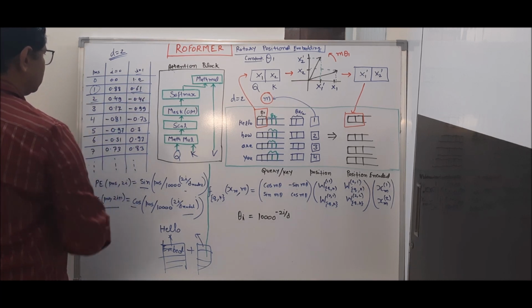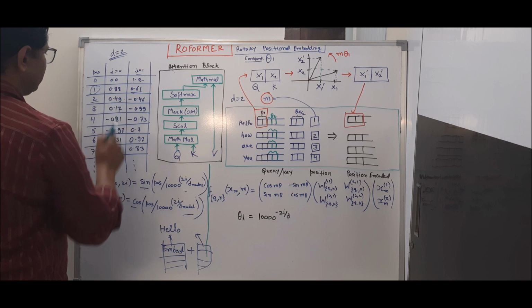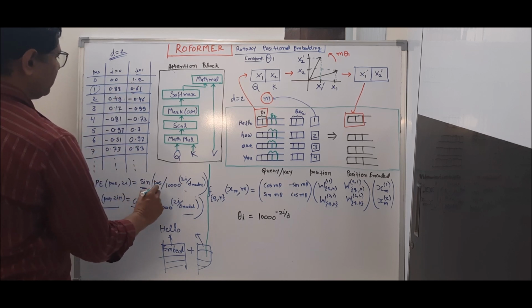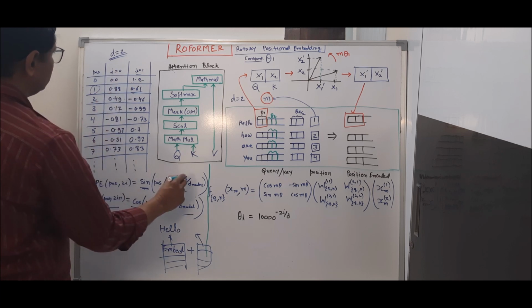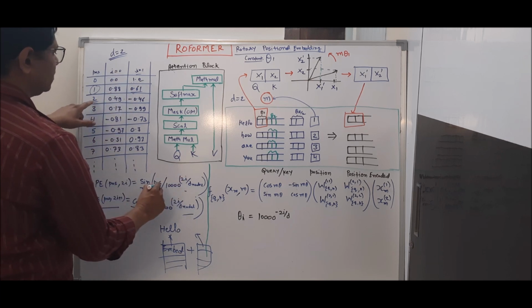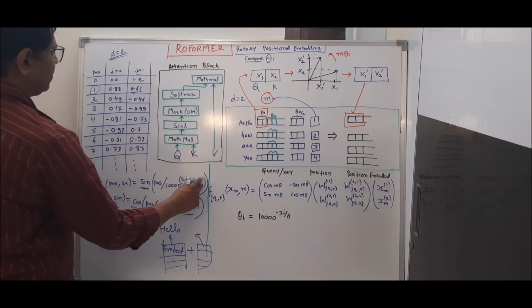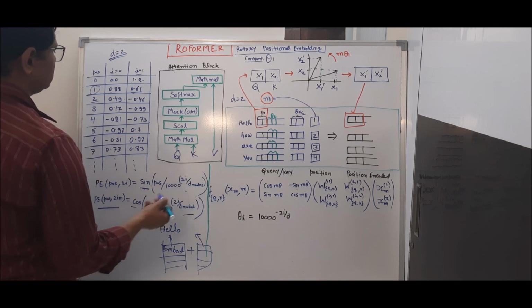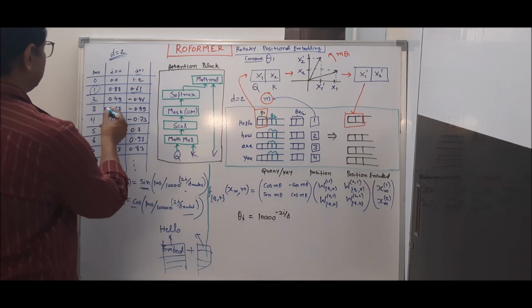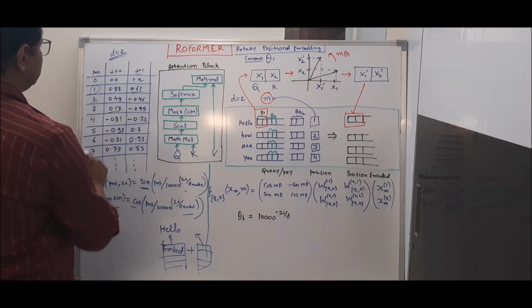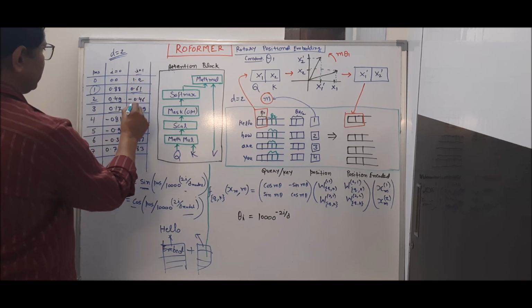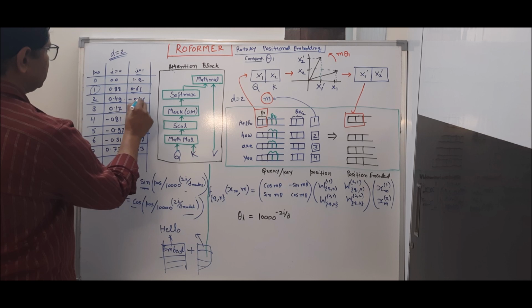Similarly for position 2, for even embedding positions we use sine, and when we put i equal to 0 and position equal to 2, and our embedding model dimension is 2, based on that we will get a value like 0.49, and similarly for i equal to 1 we will get 0.04.